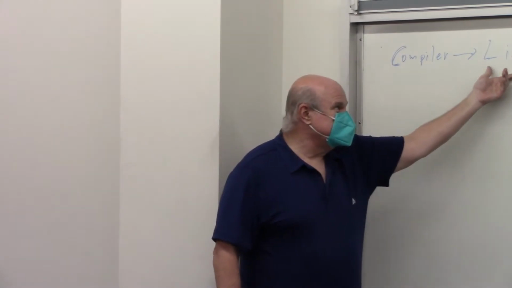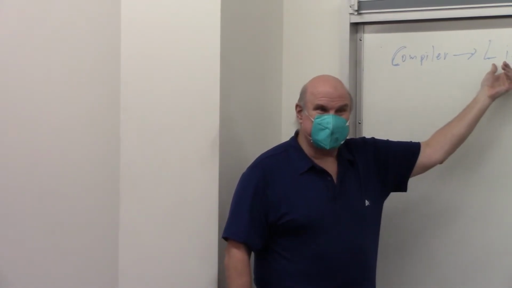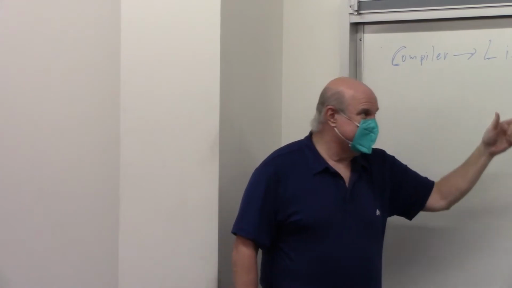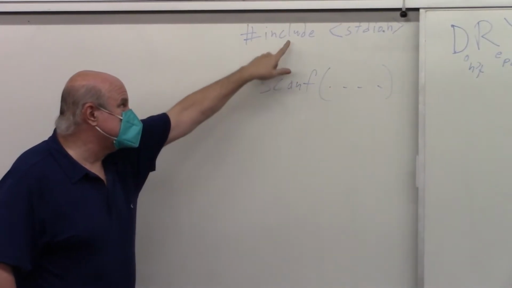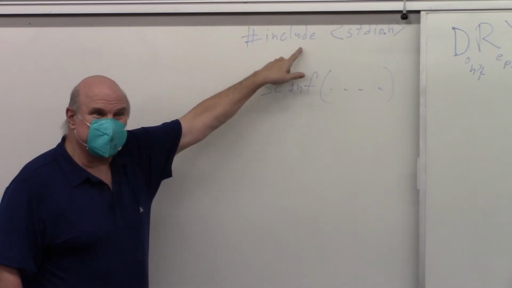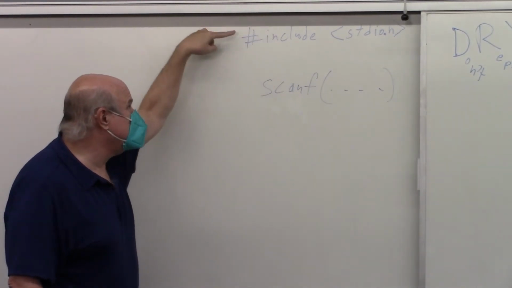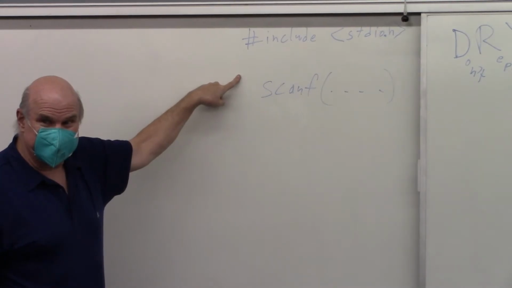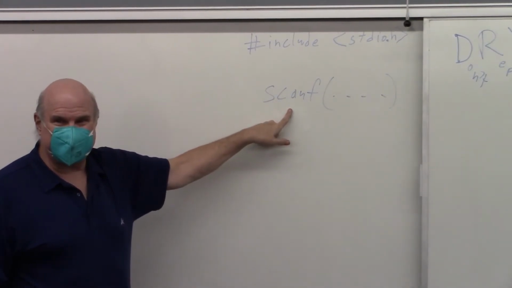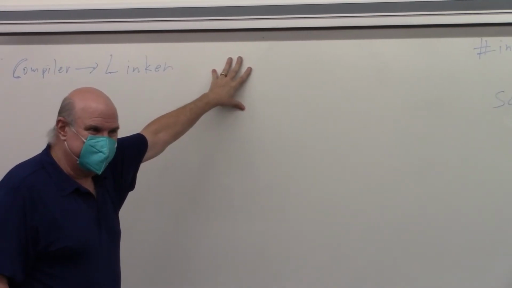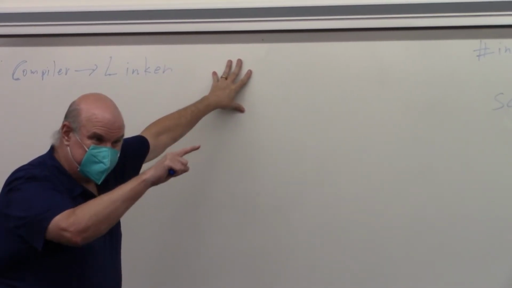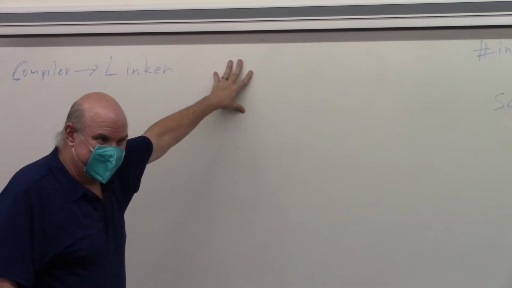The linker does exactly what its name implies. It links things. So you have a declaration called scanf that you told it about. I want to use something called scanf. It has a whole list of what you might use, but you actually use scanf.